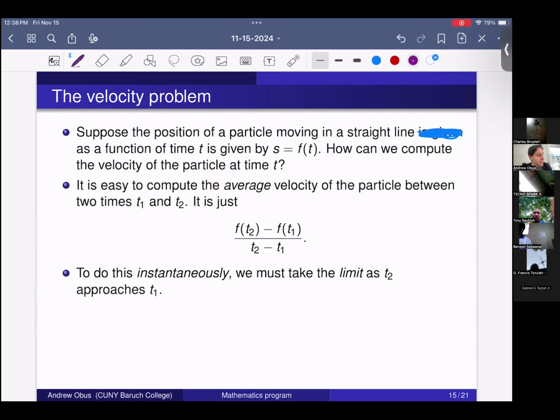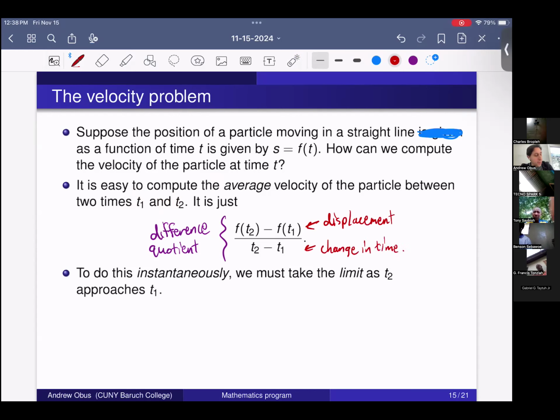And this is exactly going to be one of these difference quotients that Charles was talking about, where this over here is what's called your displacement, and this is the change in time.